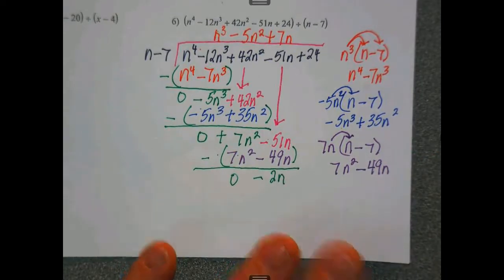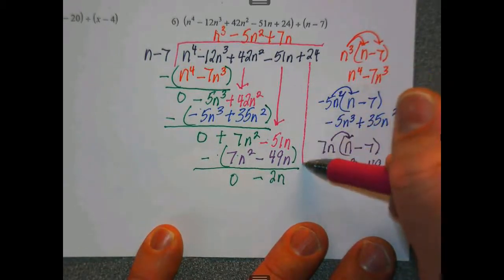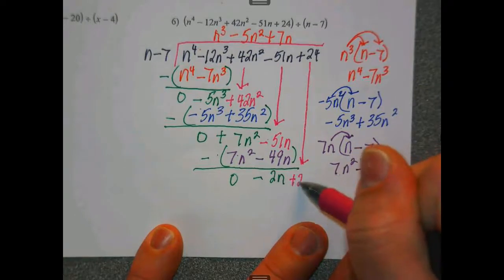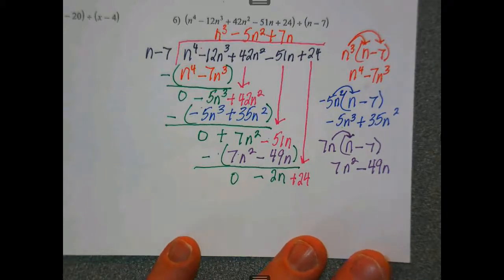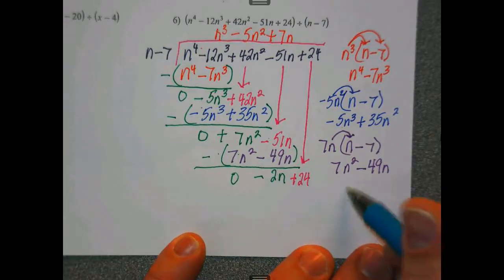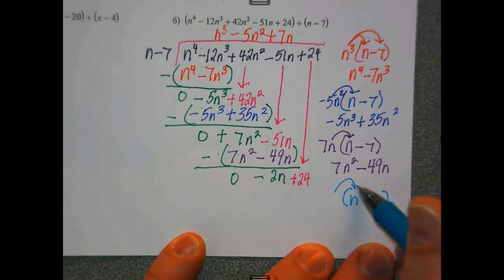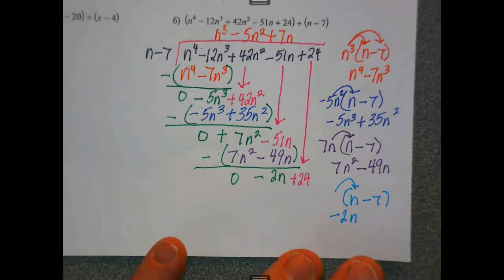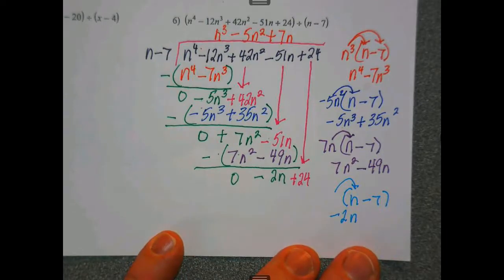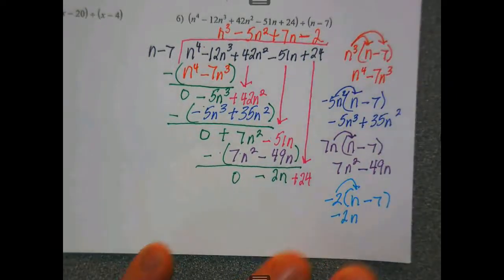I know you guys are starting to get sad because you see the end real soon here. Bring down the 24. And the last one, let's see, I need to multiply n minus 7 by something to get negative 2n. So I need to multiply it by a negative 2.